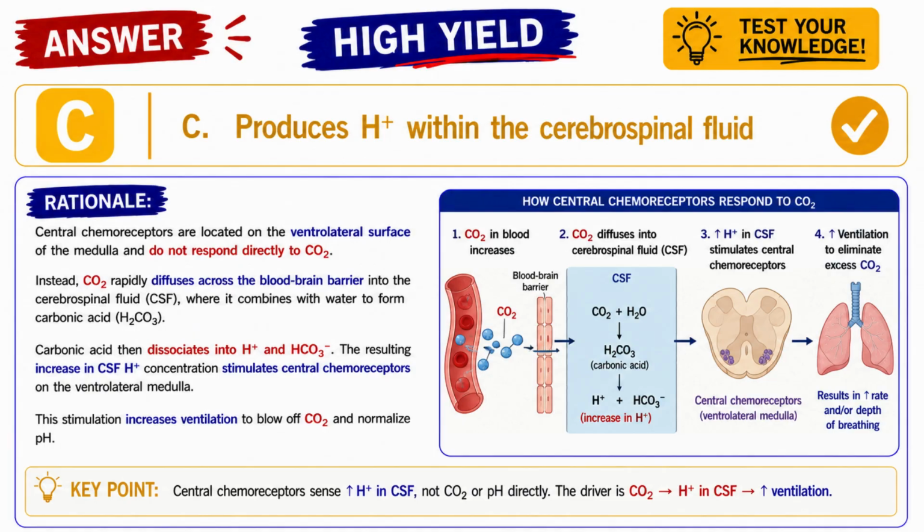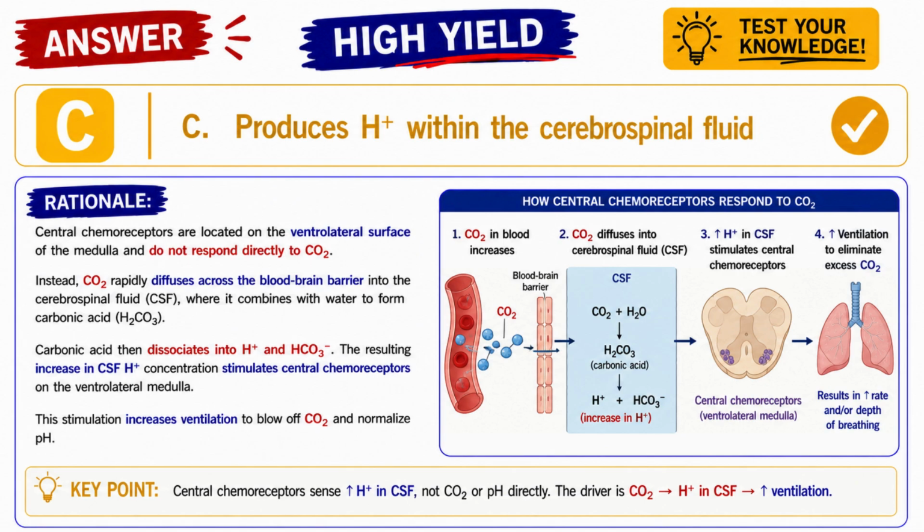That H+, that increase in CSF hydrogen ion, that fall in CSF pH, is what the central chemoreceptors actually detect. More H+ in CSF, greater chemoreceptor stimulation, greater drive to increase ventilation. The ventilatory response is therefore a response to CSF pH, not directly to CO2 itself.